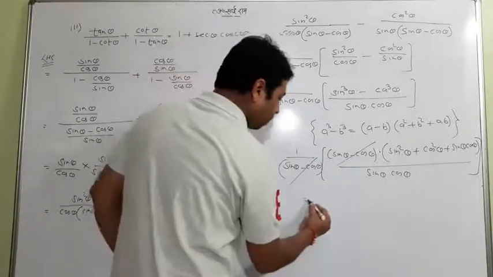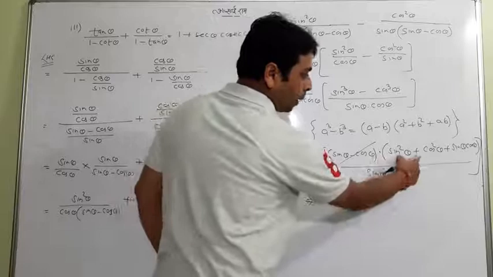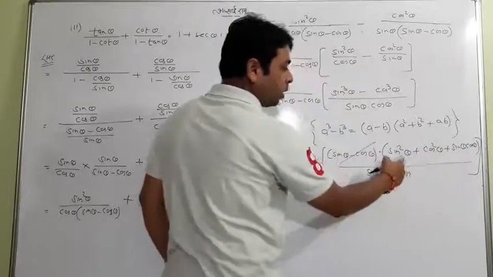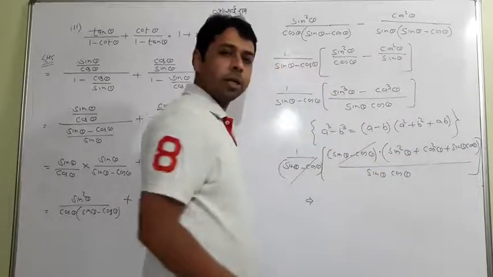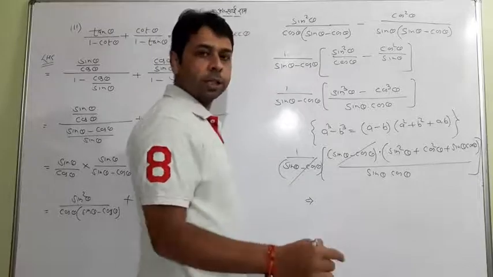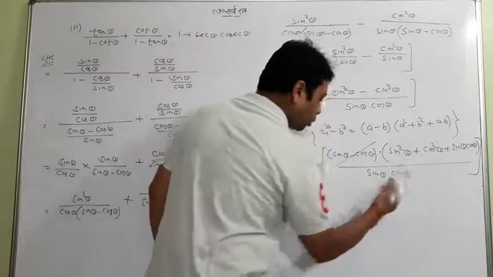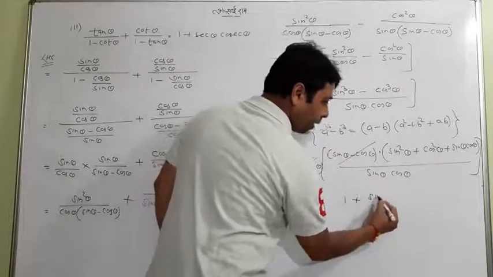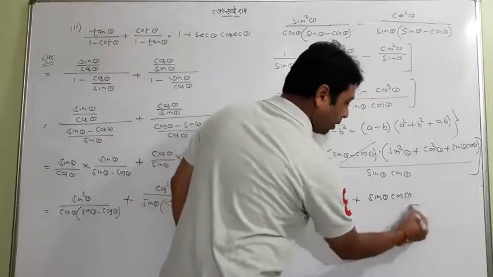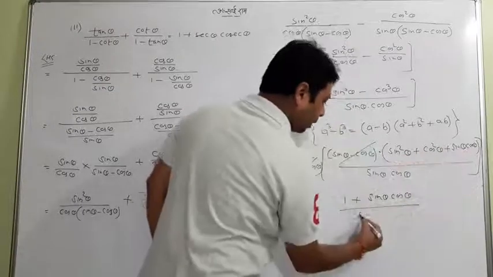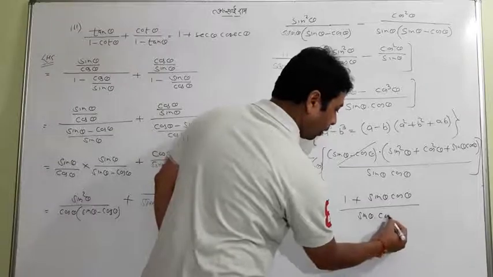What remains here? Sin square theta plus cos square theta plus this. So what is sin square theta plus cos square theta? It is again 1. Instead of these two terms, I will write 1. And sin theta into cos theta will be as it is, that side, and upon sin theta into cos theta. That's simple.